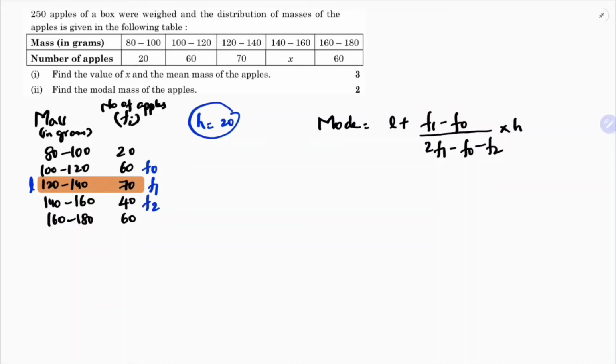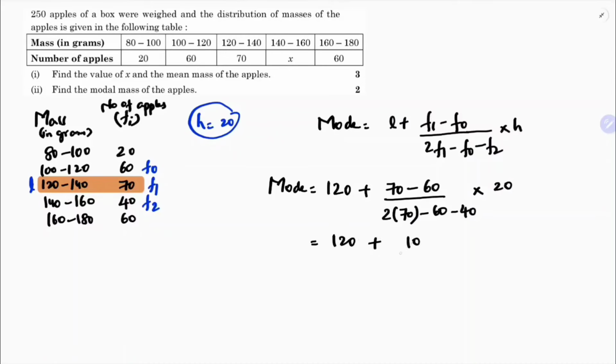Now substitute all the values in the formula. L is 120. The modal class you select by seeing the highest frequency, which is 70. F1 is 70, F0 is 60, F2 is 40 and H is 20.